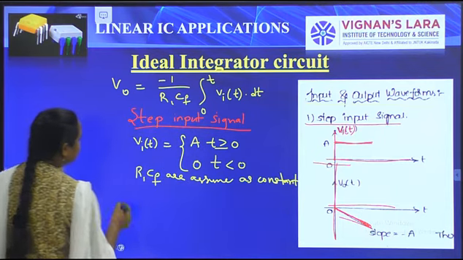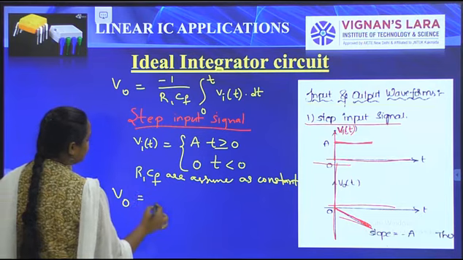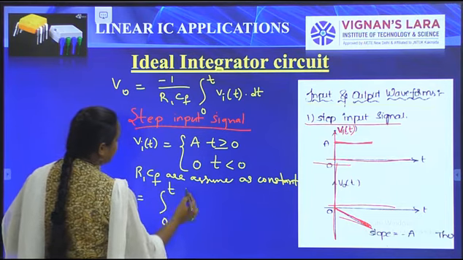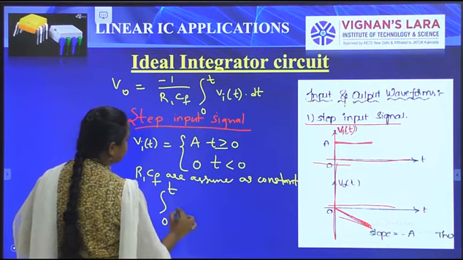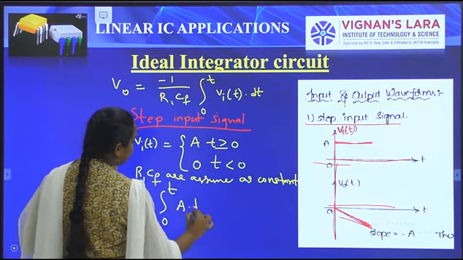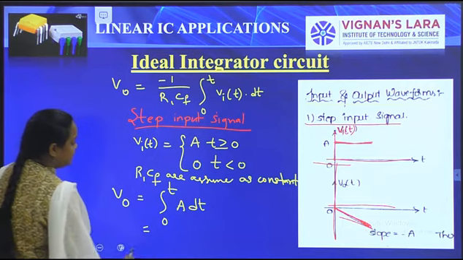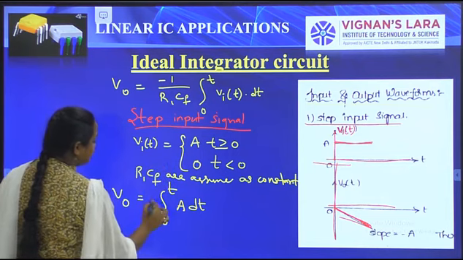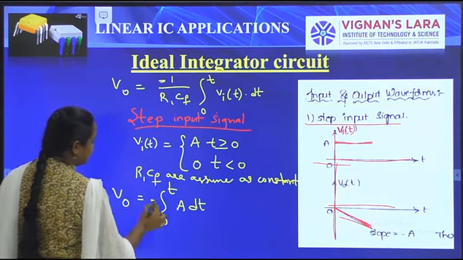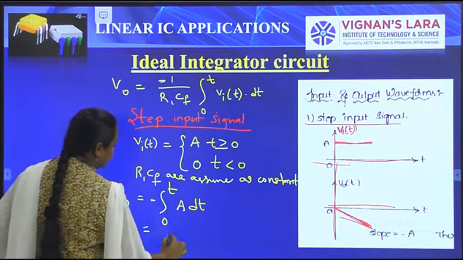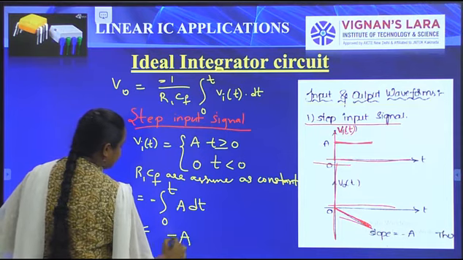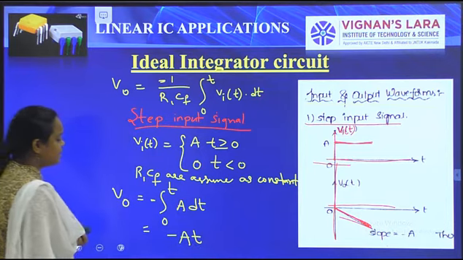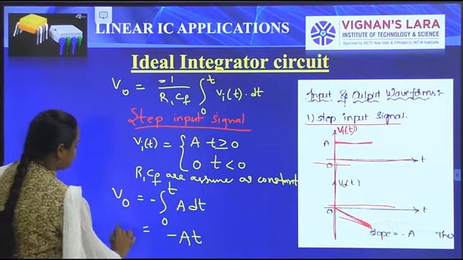So here V0 becomes minus 1 by R1 CF integral 0 to t VA of t, that is A dt. Once we take A dt, we can get integral 0 to t of A, and we have the minus sign. We can get minus A integral 0 to t into t. So we can get V output equal to minus A t.